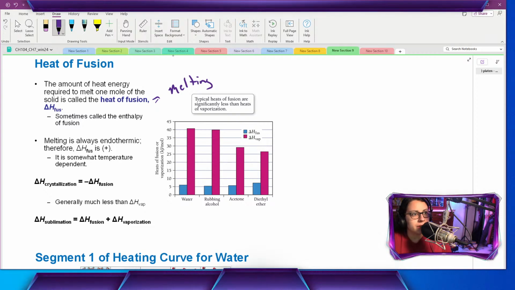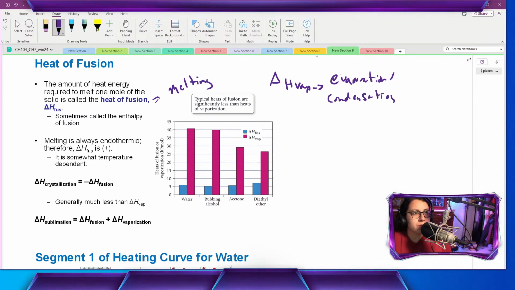And so we can see the heat of fusion for a few substances here. Then our heat of vaporization is the energy needed to go into the gas phase. So evaporation, or again in the reverse direction, condensation.